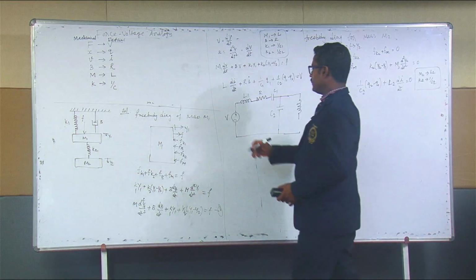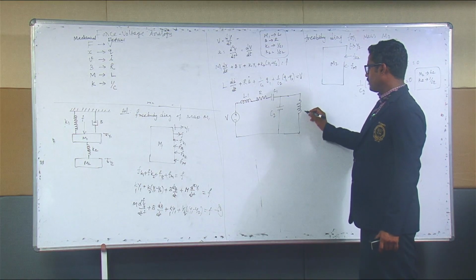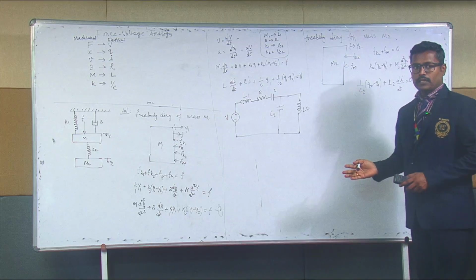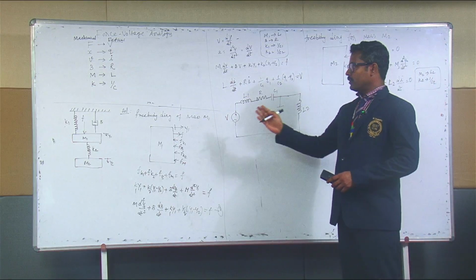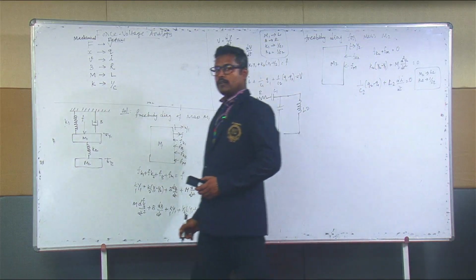Because it is connected with the first mass, this is the first free body diagram and the second free body diagram L2. Okay, so this is the electrical equivalent circuit of your mechanical system. Okay, is it clear?